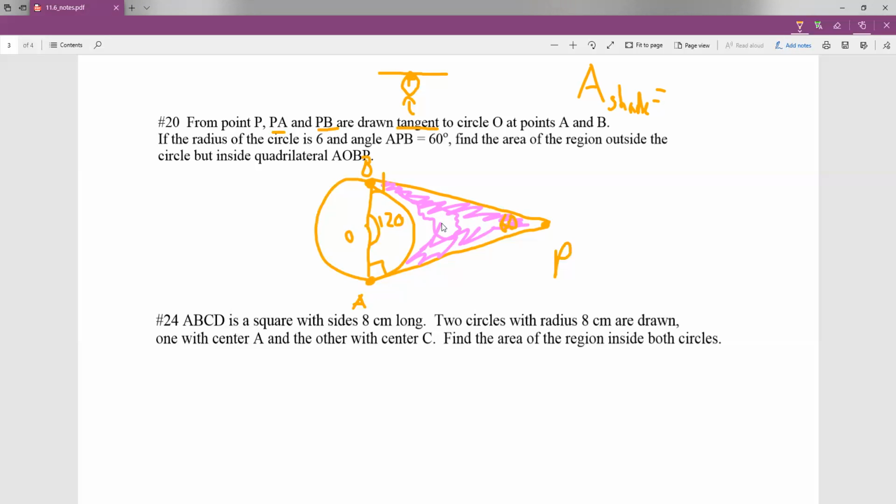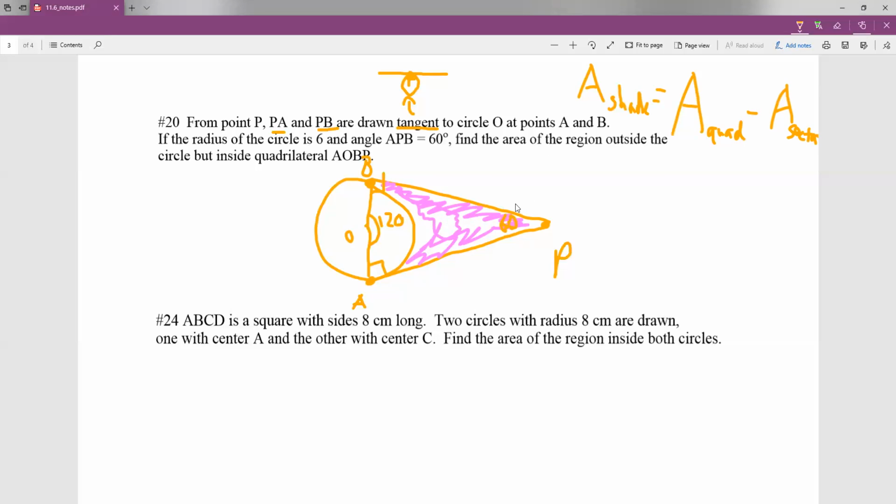So in order to find that, we need to find the area of this quadrilateral, and then we need to subtract out the area of the sector. We find the area of this whole big thing, subtract out this sector, and that should get us this purple shaded area.